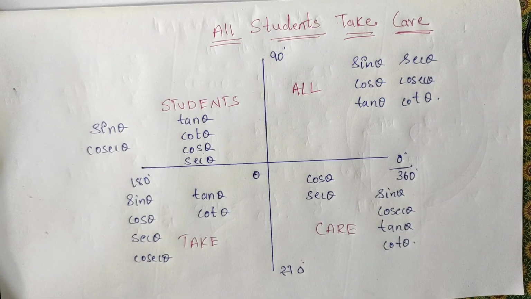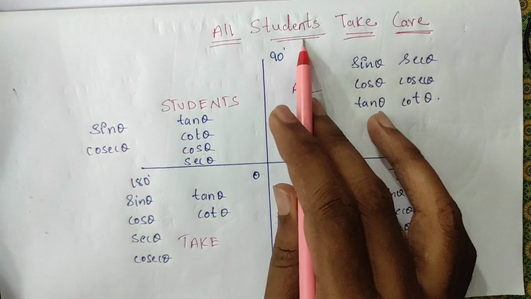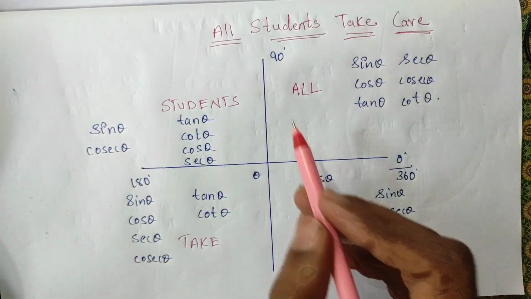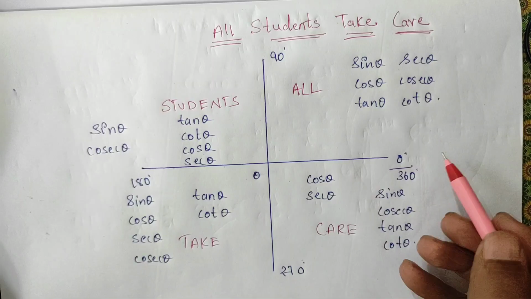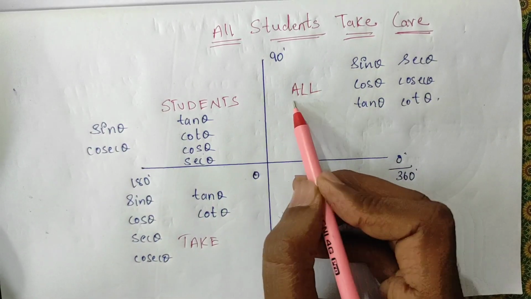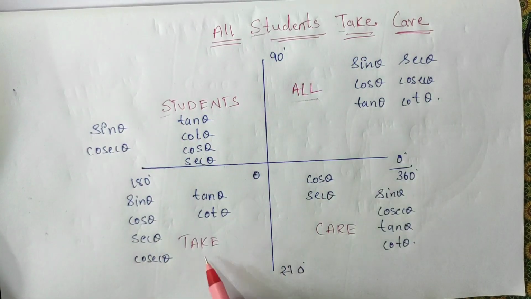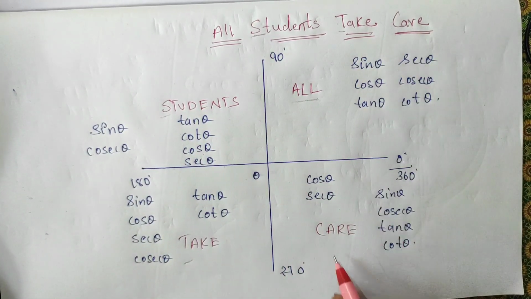Now let us recall what we have learned in a simple and easy way, that is, All Students Take Care. We have divided the quadrants by the angles 0, 90, 180, 270 and 360. The first quadrant we name as A for All, second quadrant S for Students, third quadrant T for Take, C for Care in the fourth quadrant.